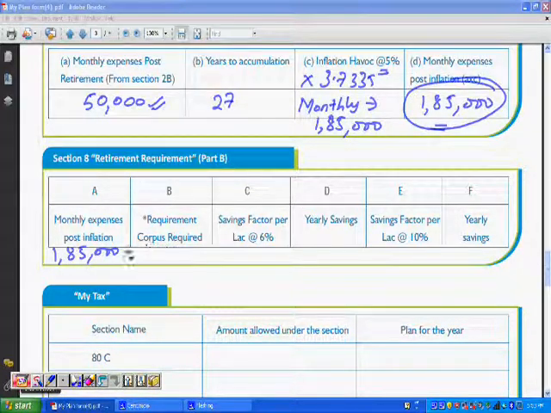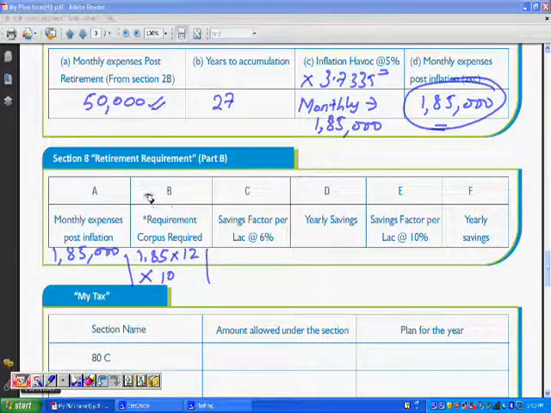If you need to know the required corpus, well, this is a little subjective, but financial planners across the world say that monthly 1.85 into 12 is what you will get annually, and into 10 is what you should have as your retirement corpus, right? So this figure would come to an astonishing 2.20 crores.